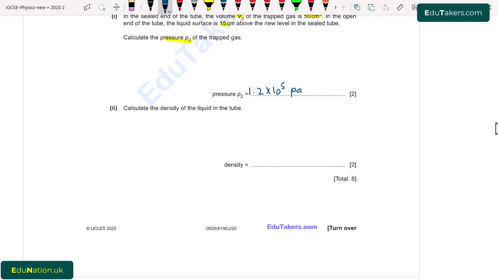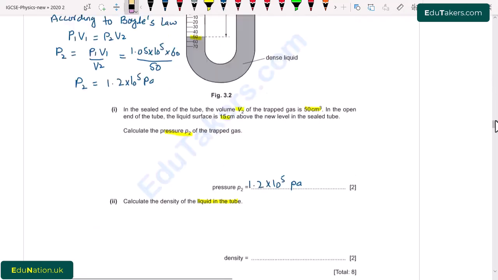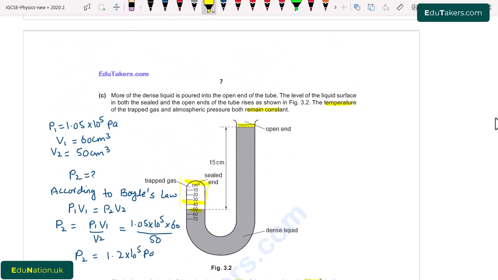Second part, calculate the density of the liquid in the tube. Here we have to calculate the density of the liquid that is inside the tube. First of all, we come to the figure and see that P2 is the pressure of this region, and this pressure is caused by the pressure of this liquid, P liquid, plus the atmospheric pressure.